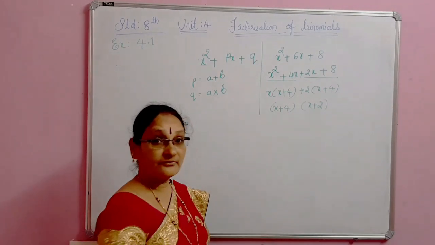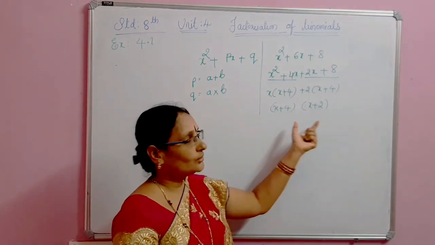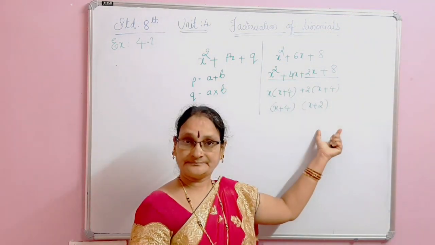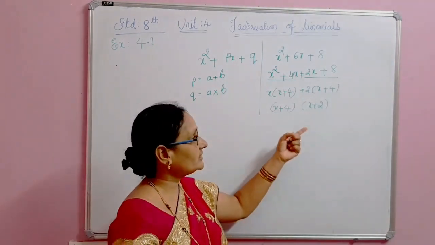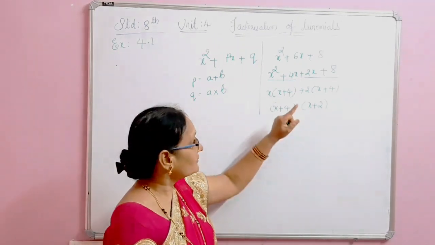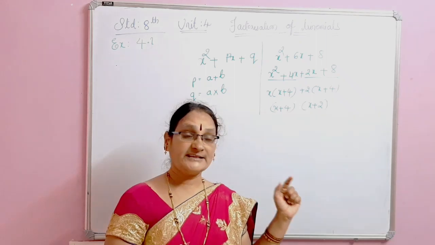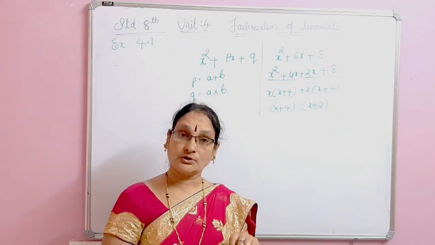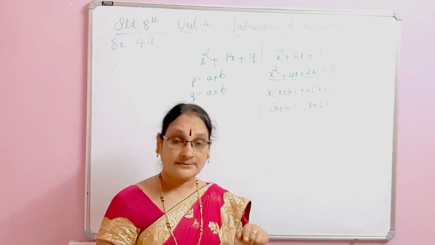See now, when we factorize a trinomial, we get two binomials. When we multiply two binomials, we get a trinomial. You know the expression (x plus a) into (x plus b) is equal to x square plus (a plus b) into x plus ab.